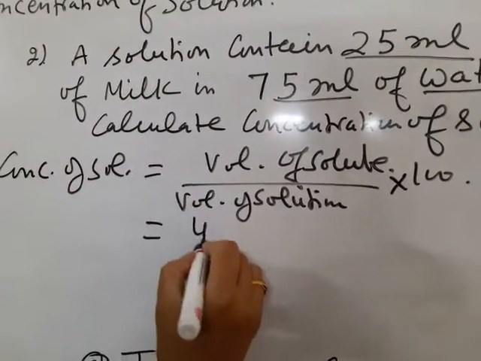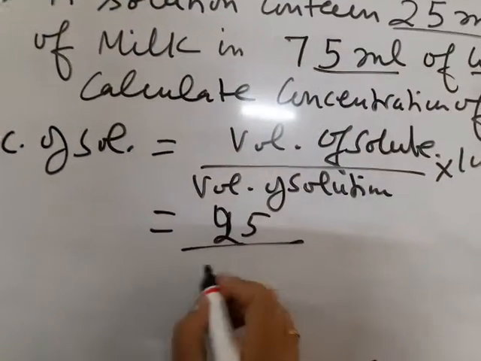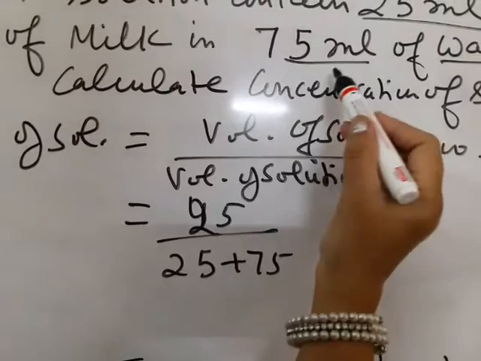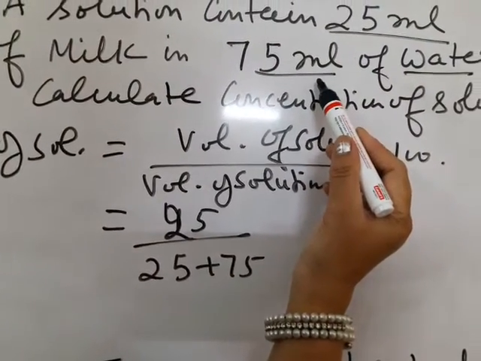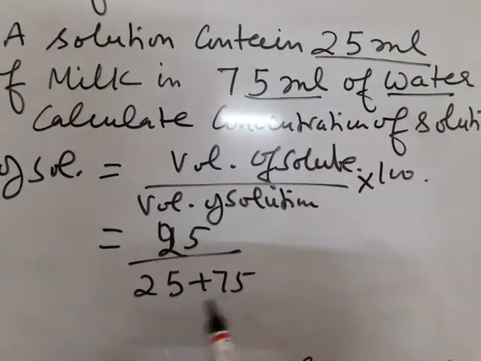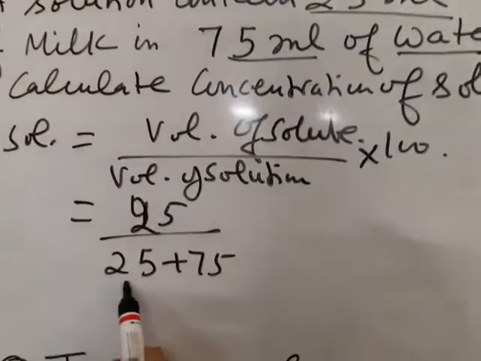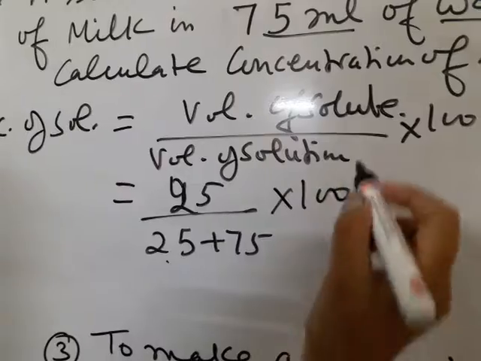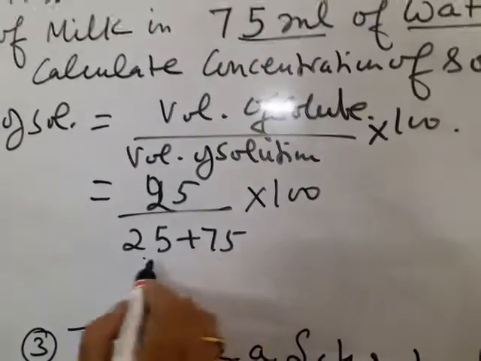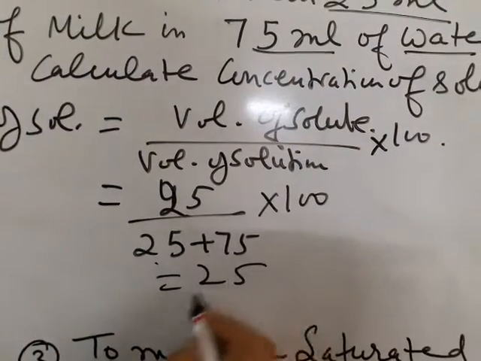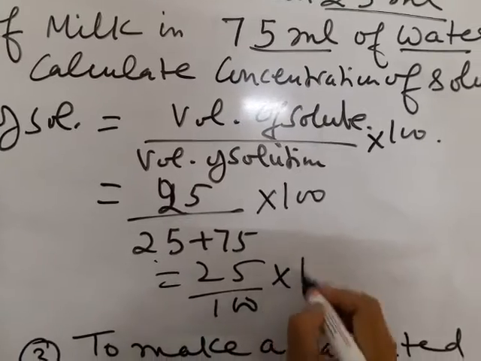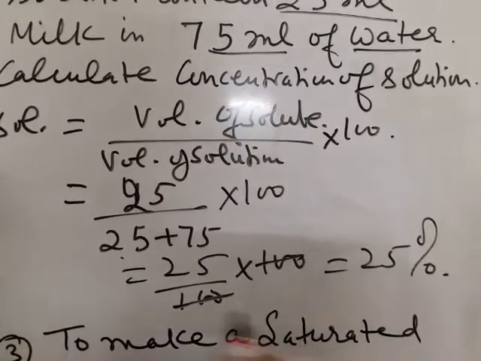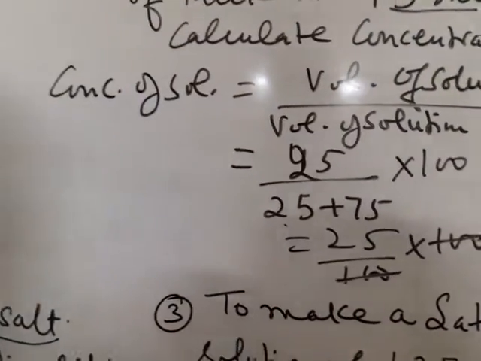So volume of solute is 25. 25 plus 75. 75 is the volume of solvent, and I am adding 25, that is volume of solute, to make it volume of solution. So 25 upon 100 into 100 is equal to 25% is the concentration of the solution.